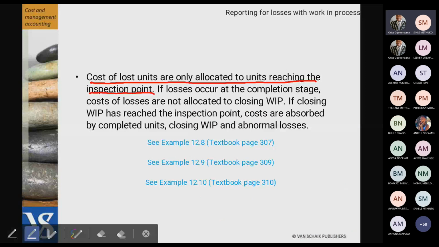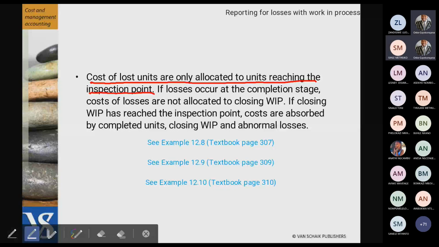It means that you have to look at your production line. We said we've got the beginning, and you've got your during stage and the end.